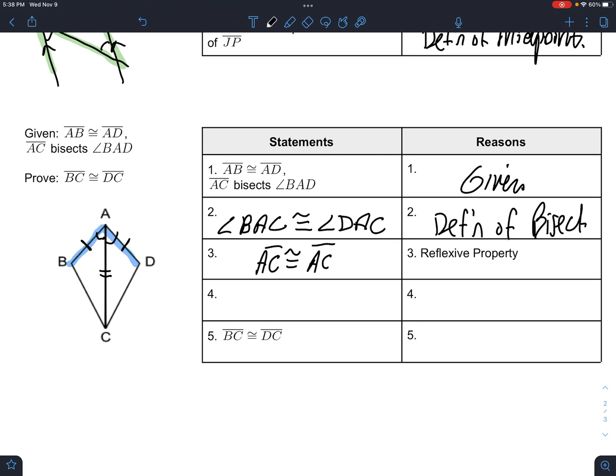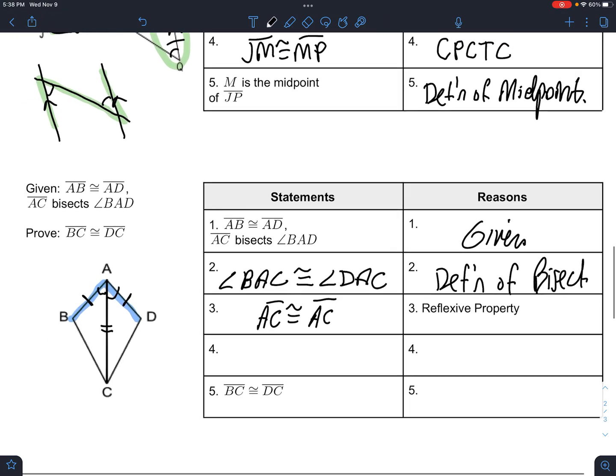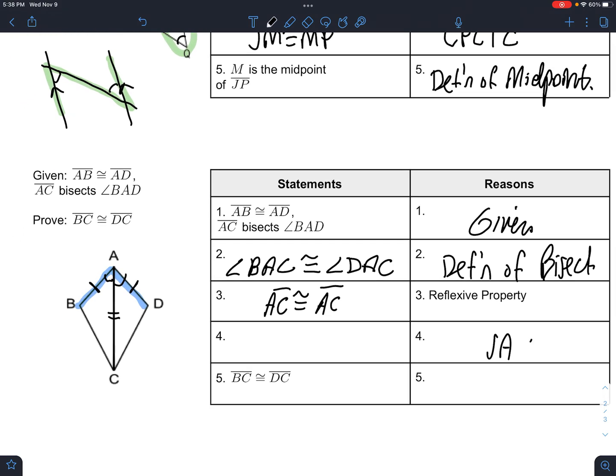Okay. Let's see, what next? Do we have enough? Do we have enough to say that the left and the right triangle are congruent? And yeah, it looks like the overused theorem for today was SAS, because we do have that. Look, we got side, angle, side, side, angle, side.